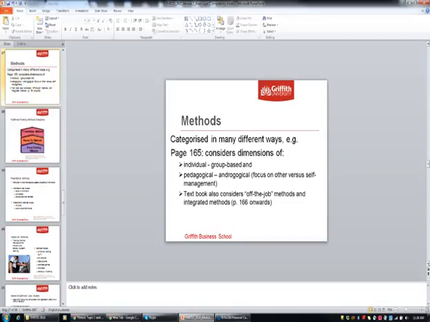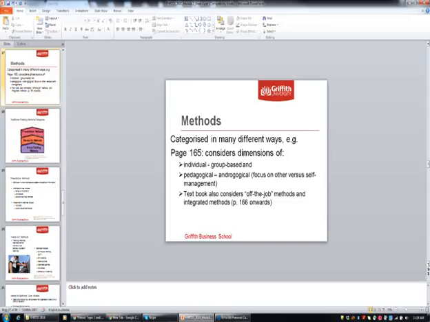Now the textbook has a whole lot of methods that it details over a few pages, from page 166 onwards, and as you may have seen in the activities for this week, I've talked about reading those and seeing which ones you've experienced and seeing what you think the advantages and disadvantages are.